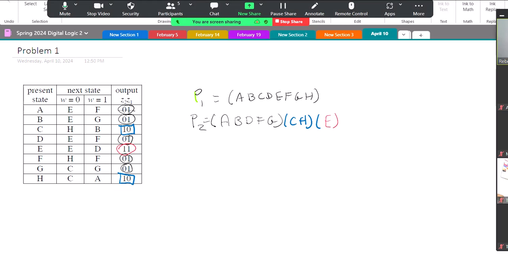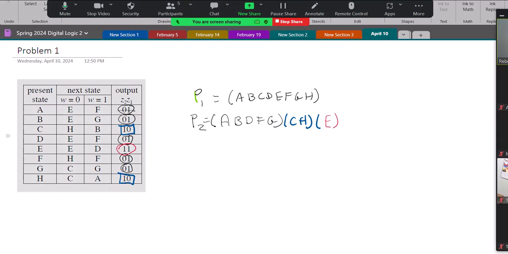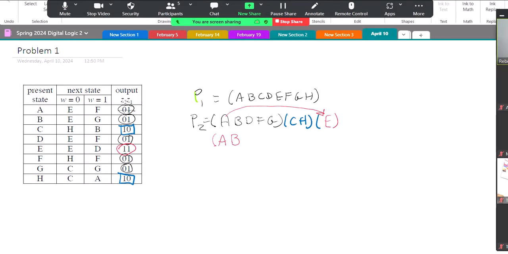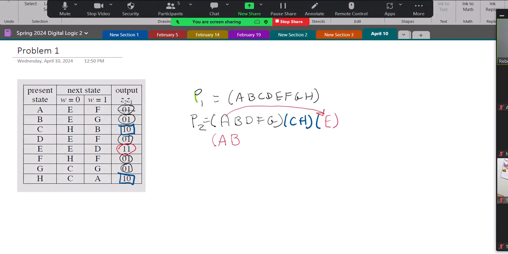For state A, when W equals 0, my next state is E. So the 0 successor for A is E. The 0 successor for B is also E, so they'll be the same. Then D: its 0 successor is also E, so we can keep D in there.